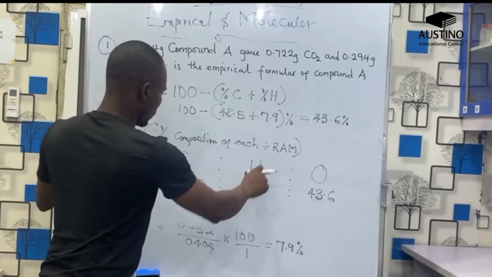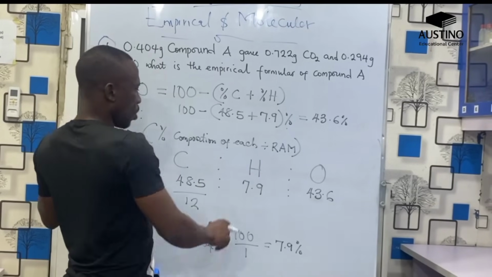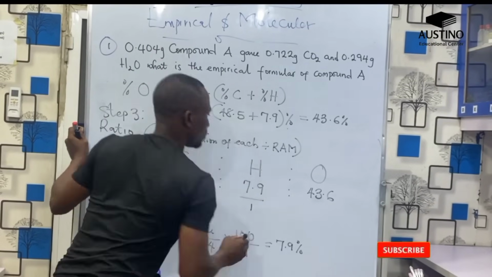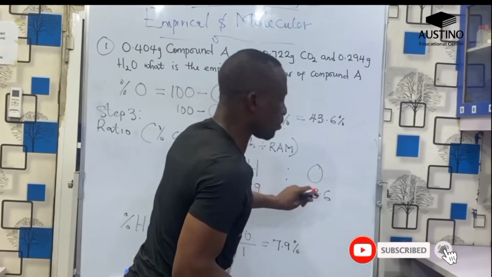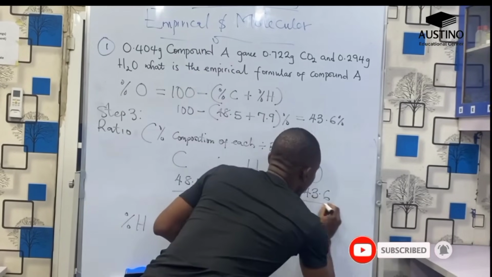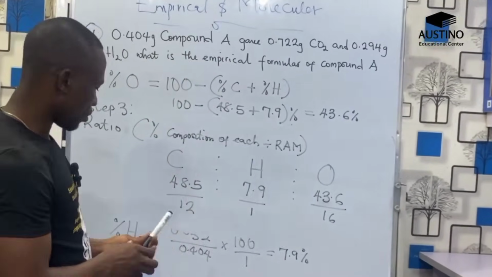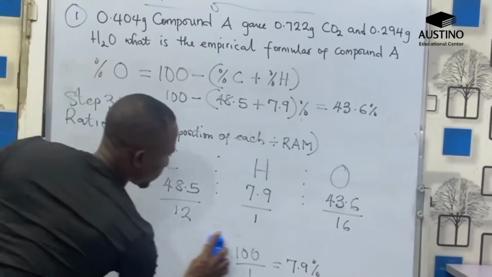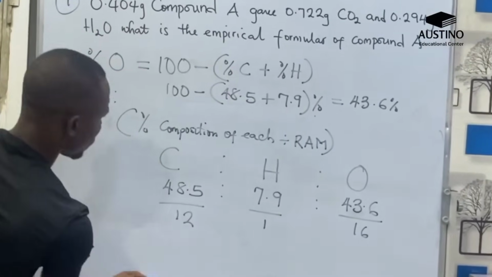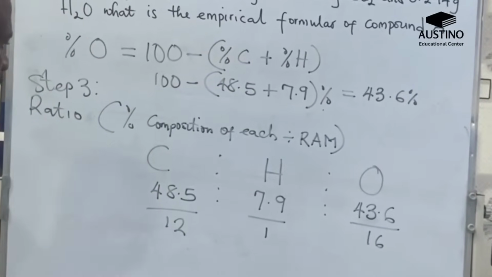The relative atomic mass of hydrogen is 1. The relative atomic mass of oxygen is 16. So they are done. Formula. Go back. Come down here. Be very careful in dealing with this.